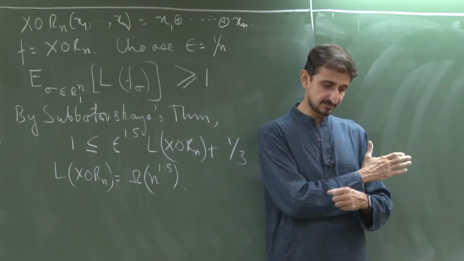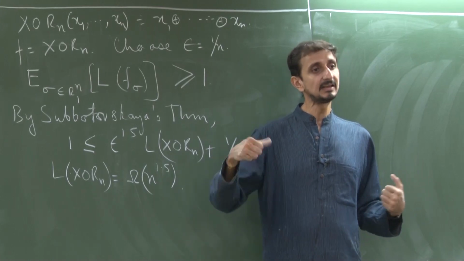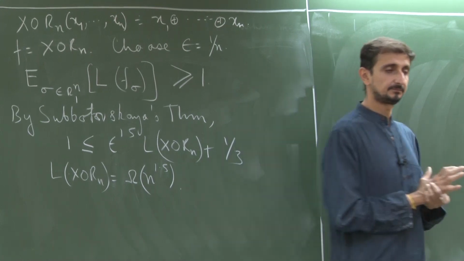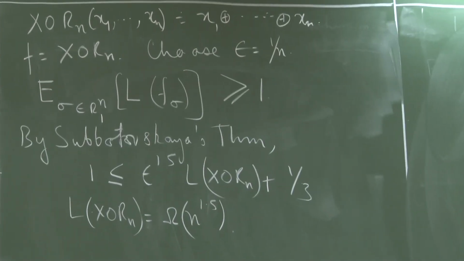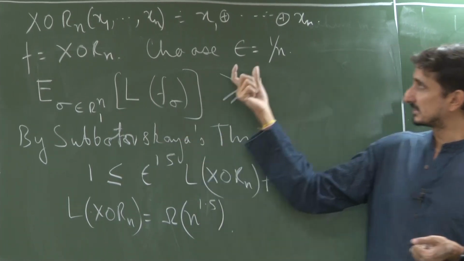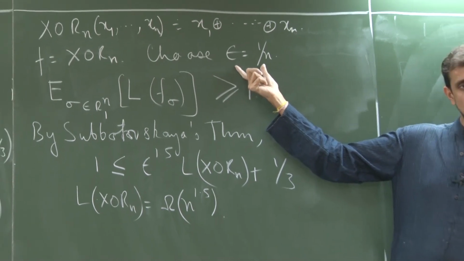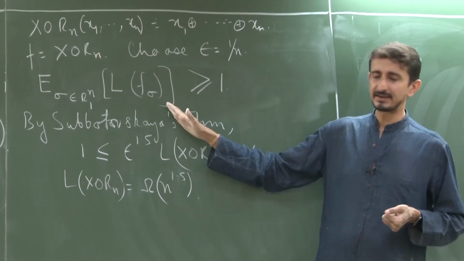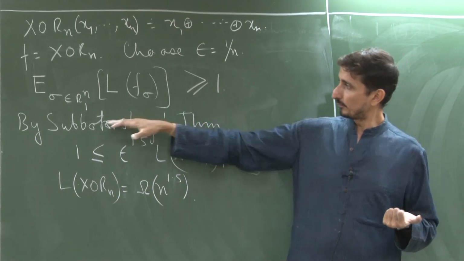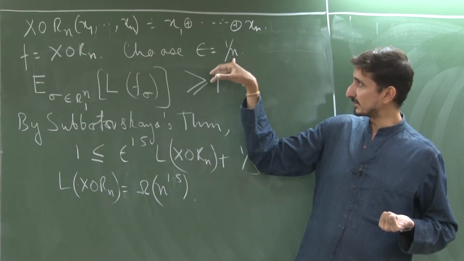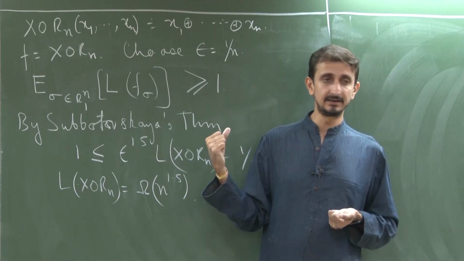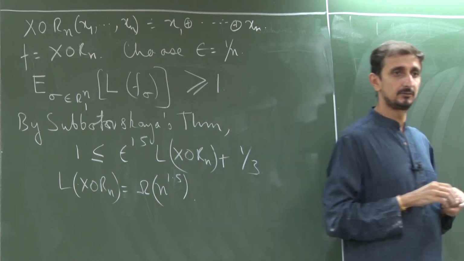Even if I restrict n minus 1 bits and 1 bit is free, that can decide the value of parity. So everything boils down to understanding how much I restrict a function, how much is taken care of by this epsilon term, and after I restrict by that much, what the resultant formula looks like. Here what we know is that if I restrict it by this much, the resultant formula will still have at least one gate. That is why I get this plus greater than or equal to 1 bound here.